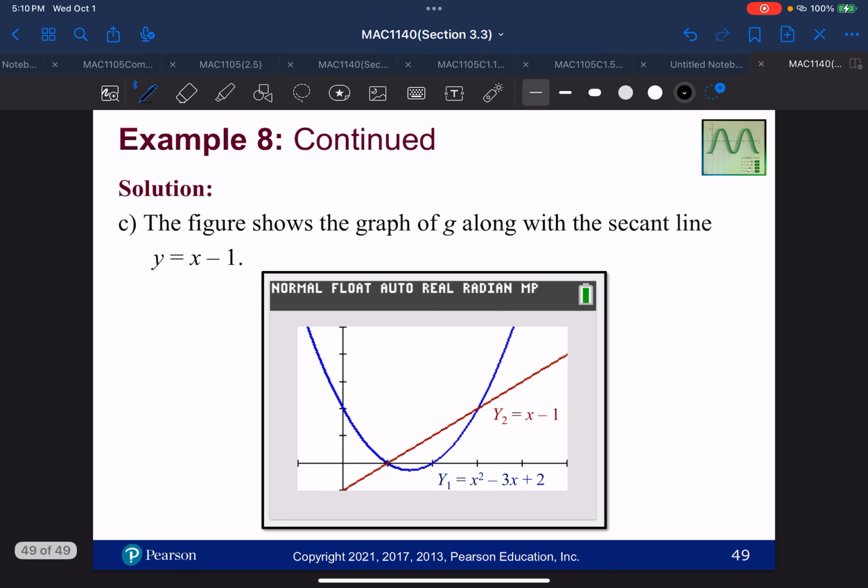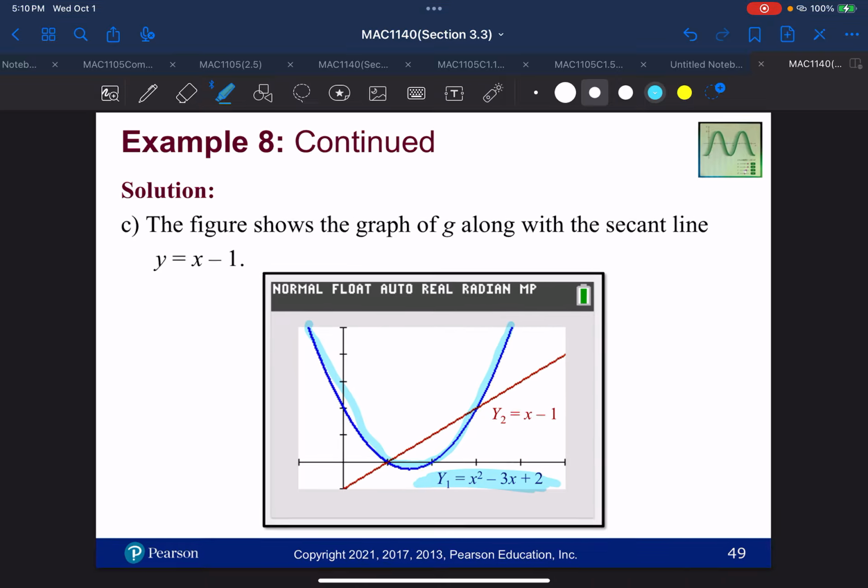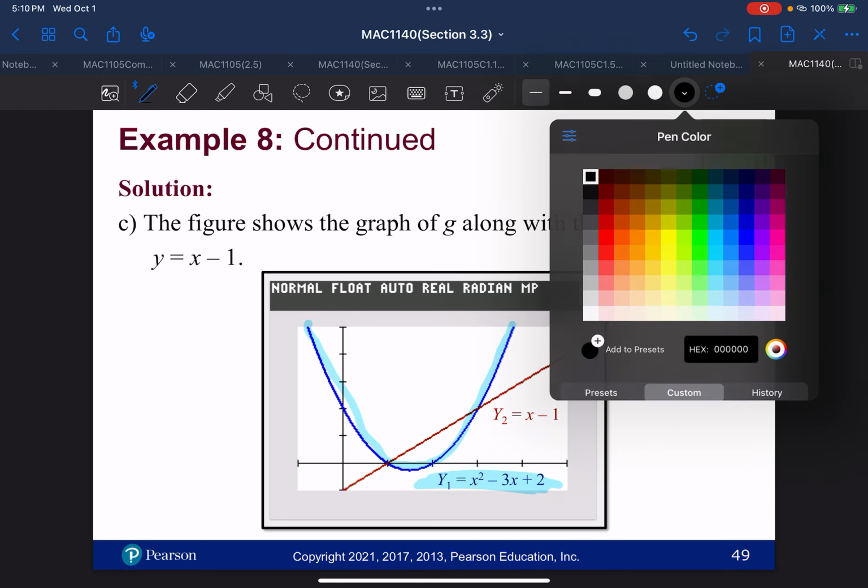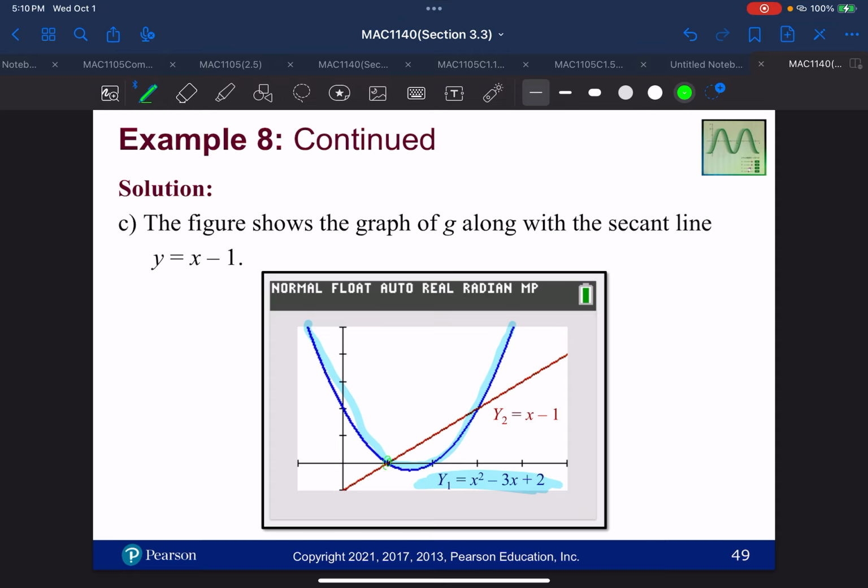So to bring this all together, this is a picture of the graph. The blue is the picture of our original function we started with. Then we picked 2 points, which they gave us. The first one, the x value they gave us was 1.